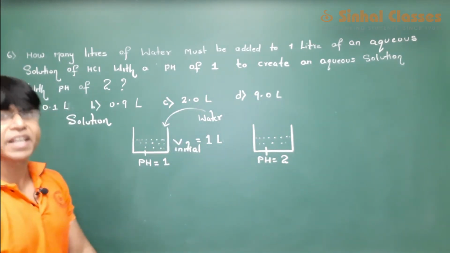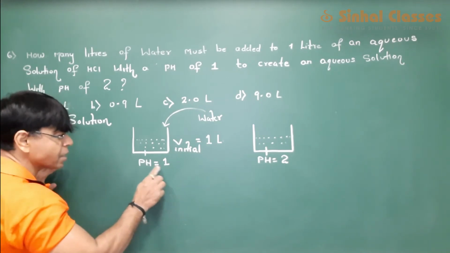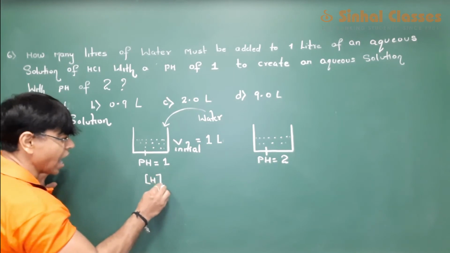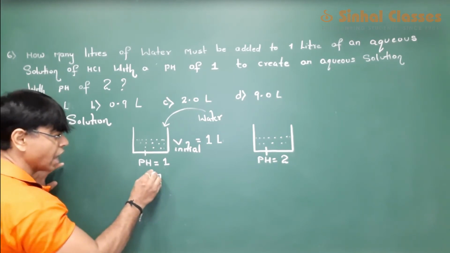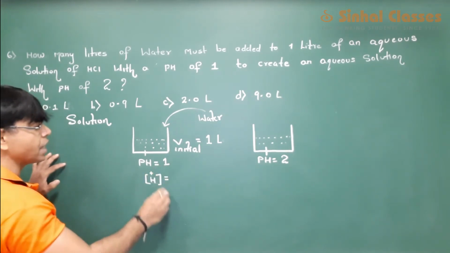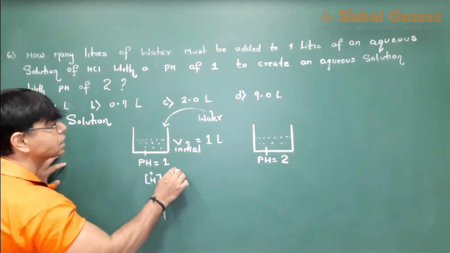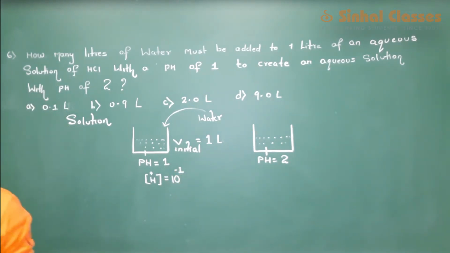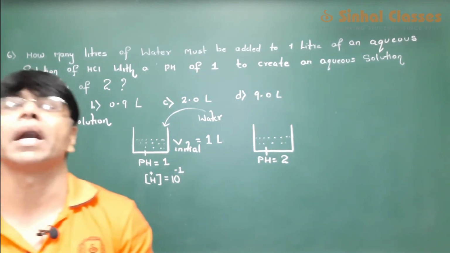Okay, so let's see now. When I say pH 1, it means the initial H plus concentration, if the pH is 1, is 10 raised to minus 1.